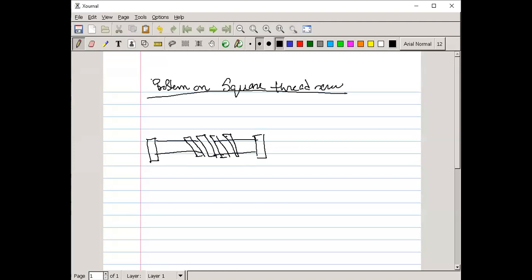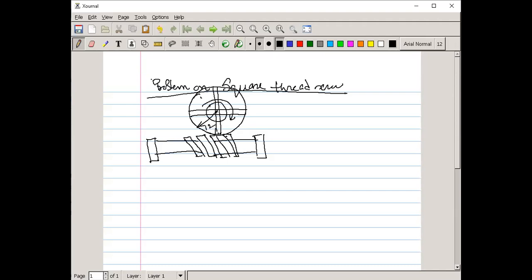Actually, the thread is there, and one wheel is there. You can take a wheel. Suppose this wheel rotates in this direction, okay, and from the center this is the radius.